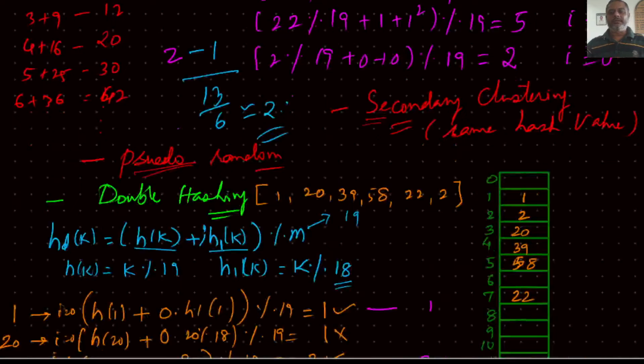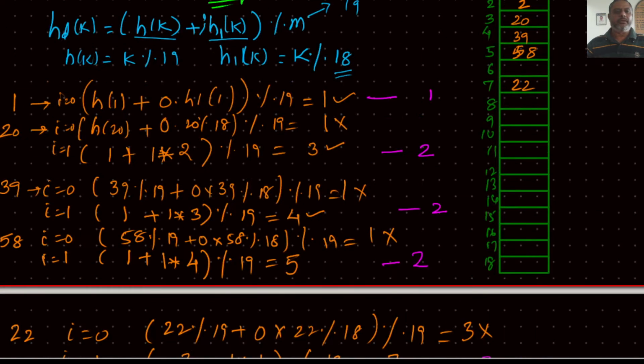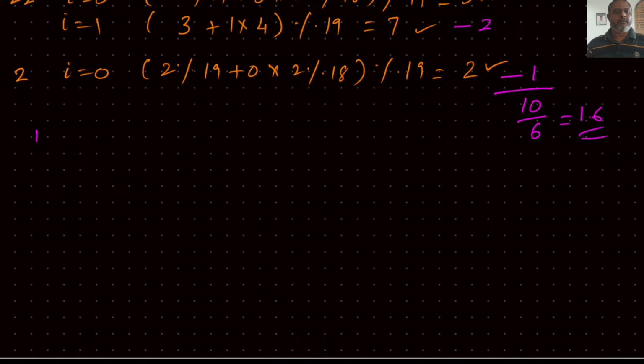So if I just put that against this, let me make a table of these values: 1, 20, 39, 58, 22, and 2 are the data we need to enter. So if you use linear probing, then quadratic probing, and double hashing.